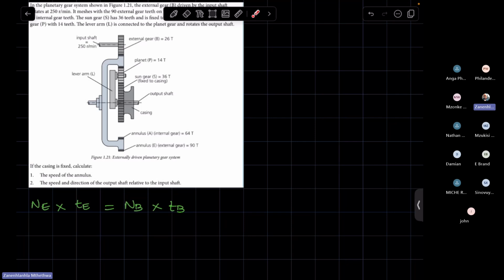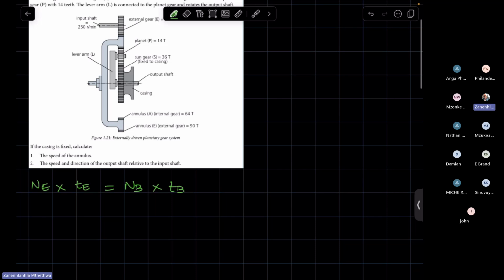Now the 2 gears are meshing with the outside circumference, and gears that mesh with the outside circumference go in different directions. So if this one is going clockwise, the annulus is going anti-clockwise. So NB remains positive because it's going clockwise, and then NE we write as negative, seeing that we've established that it will be going anti-clockwise.